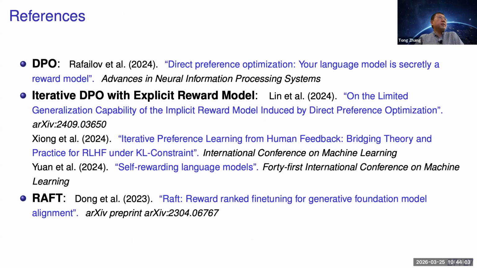For the references, this is an important paper, Direct Preference Optimization, especially favored in academia. There are a lot of people using it because it bypasses the reward model. This one just says you should make it RL rather than supervised learning. This one is just supervised learning. This one is RL, and this one is also RL.